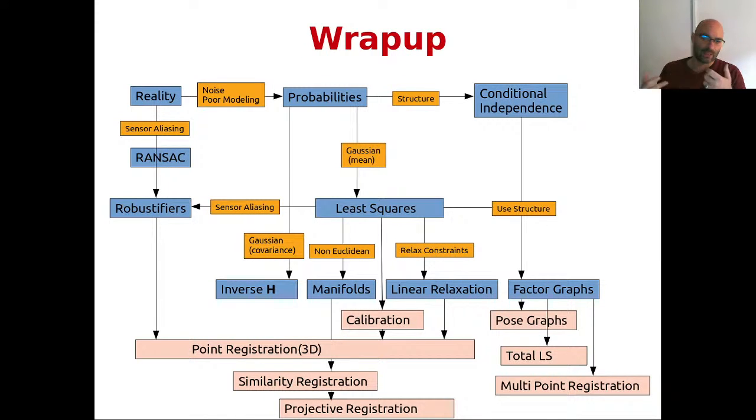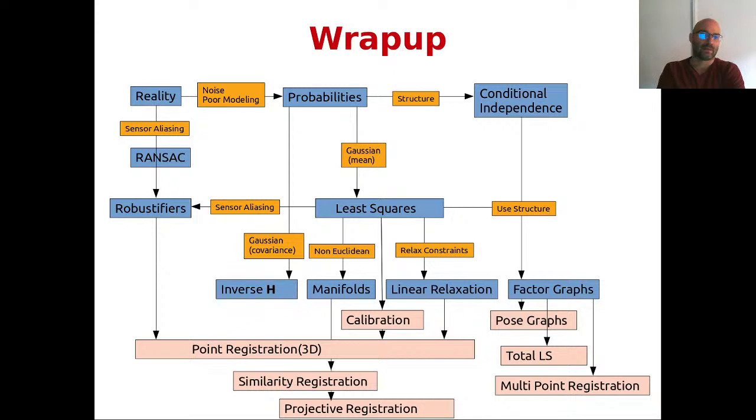And a measurement is connected to all the variables that influence the measurement itself. In this context, we have seen multi-point registration at first, then pose graphs, and also an example that comprised everything, which we called total least squares.